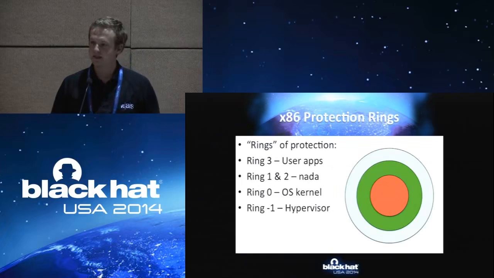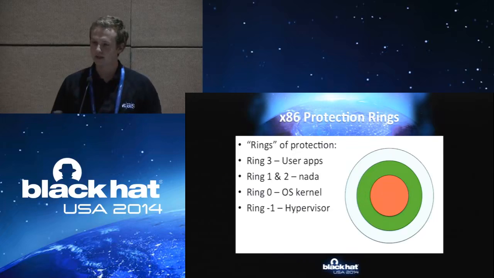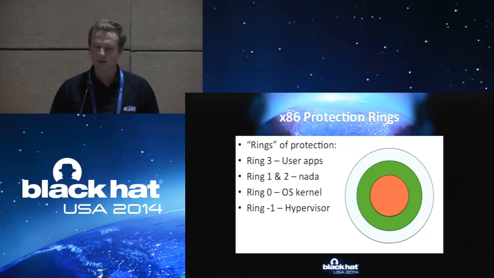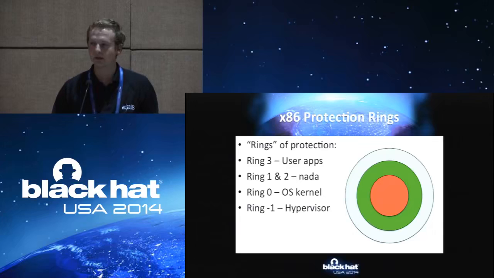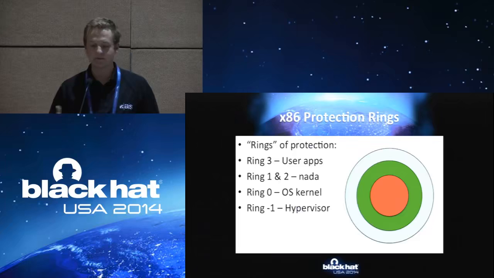This is going to be pretty basic for a lot of you, but I just wanted to make sure I had it covered for those of you who might not be so aware. x86, the Intel processor commonly found in your laptops and desktops, supports different rings of protection. Ring 3 is the least privileged, the outermost ring, where your user applications sit. Rings 1 and 2 currently are not really used. Minix is a more academic example that uses rings 1 and 2, but we'll just ignore those.